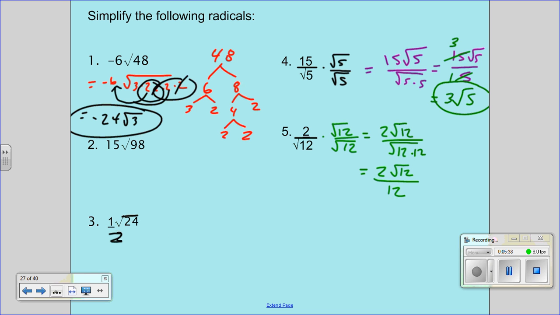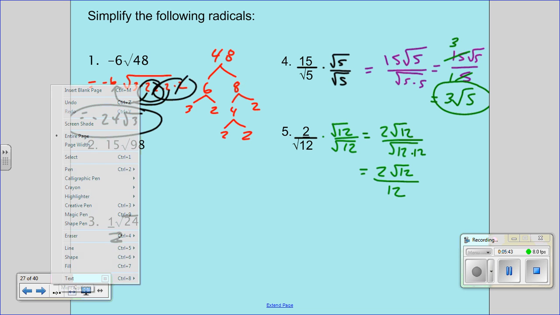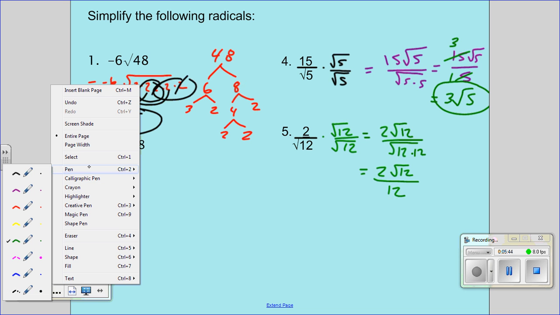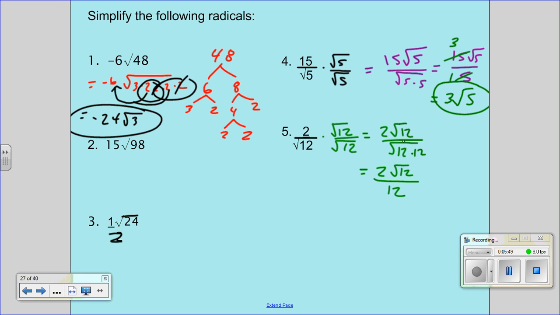And then I can now reduce the 2 in the numerator with the 12 in the denominator. So I would have 2 go into itself once, and into the 12 6 times. So I would have square root of 12 over 6.